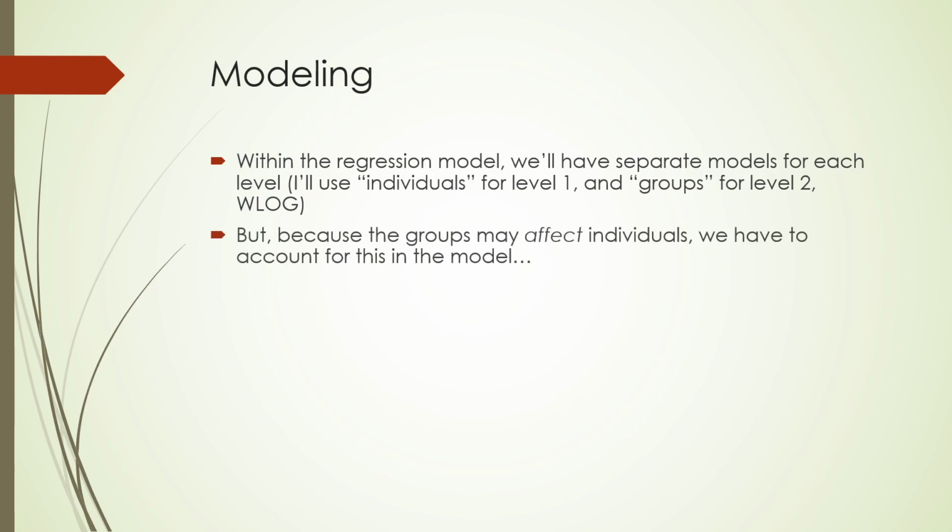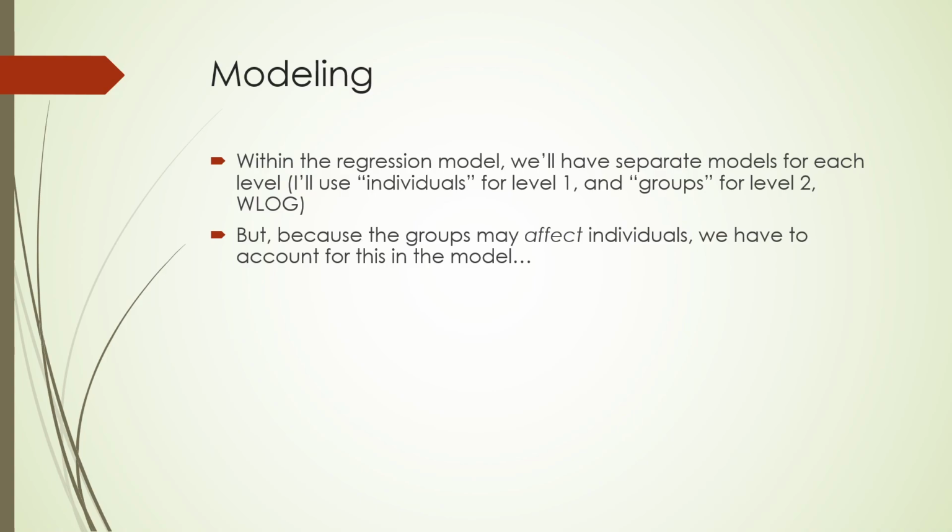The interesting thing about modeling in hierarchical linear modeling is that because the group may affect the individuals, we have to account for this in the model. And what I mean by that is that within hierarchical modeling, the company effects might impact the individual effects.